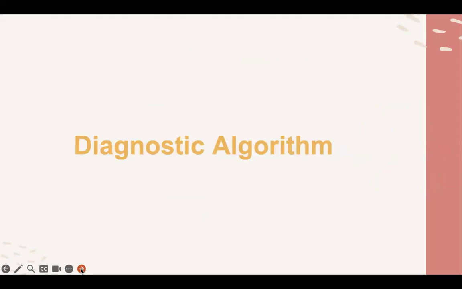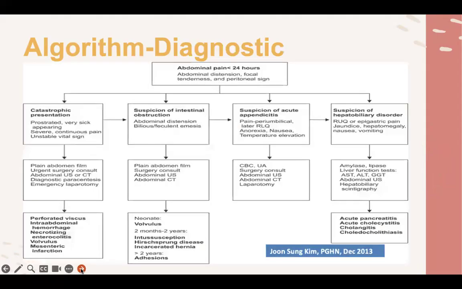So we can see the same thing at an algorithmic level. This simple algorithm summarizes everything. Pain in abdomen for less than 24 hours along with abdominal distension, focal tenderness, and signs of peritonitis. If the child is sick, with severe pain as well as involvement of vital signs like tachycardia and hypotension, urgent evaluation with plain abdominal film, urgent surgical consultation, and ultrasound or CT if required.